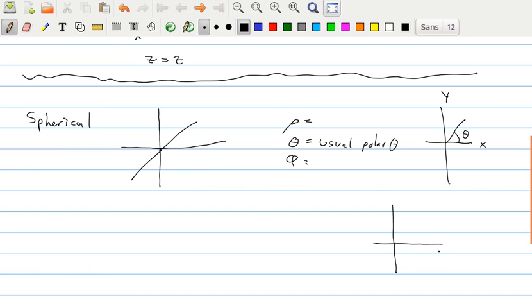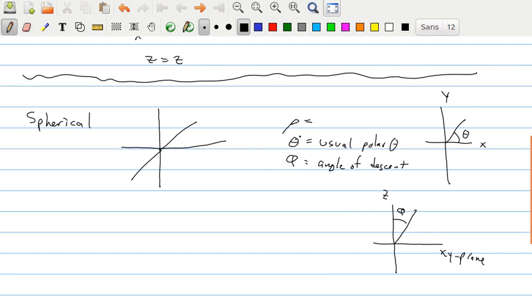So another diagram, if this is the xy plane, we're looking at a cross section now. If this is the z-axis, your angle phi represents how far descended you are from the positive z-axis. So this is angle of descent.